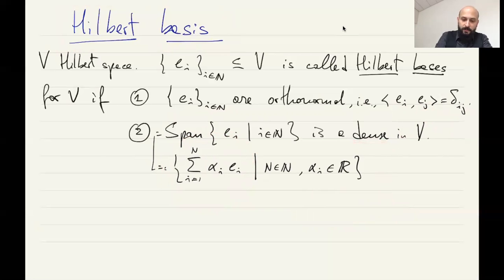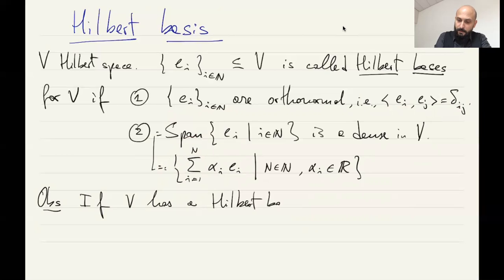Let me write it as an observation: if V has a Hilbert basis, then necessarily V is separable. Remember that having a countable dense set is said to be separable.